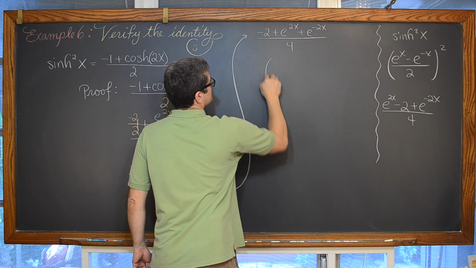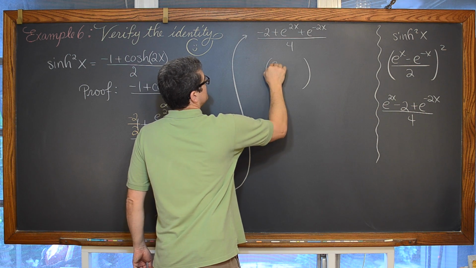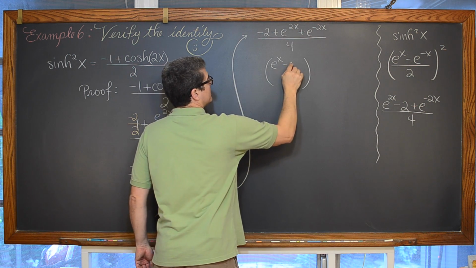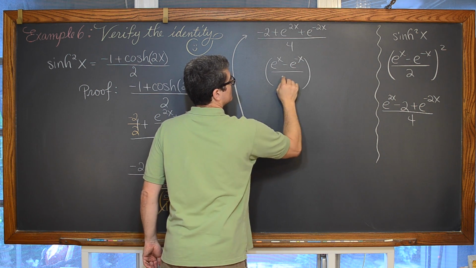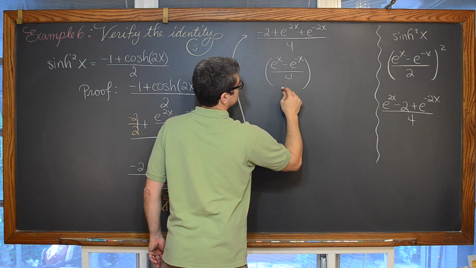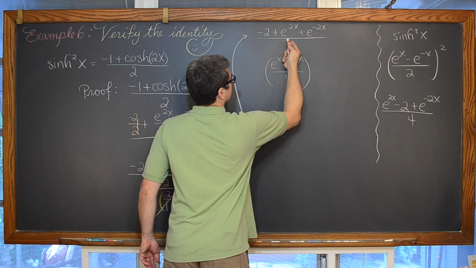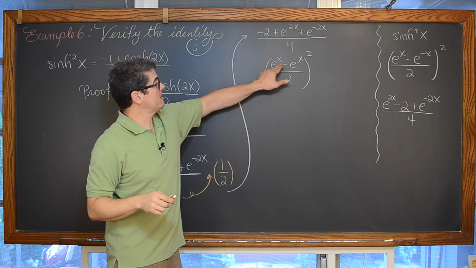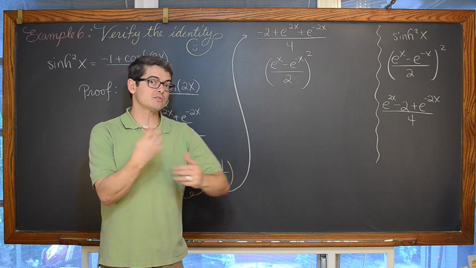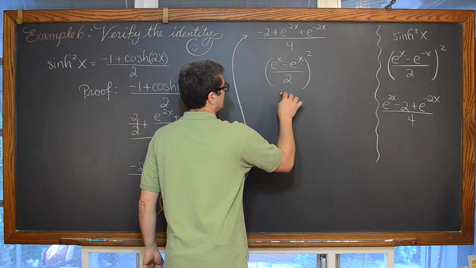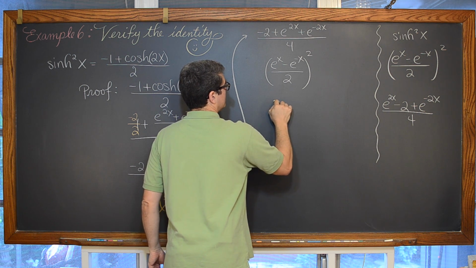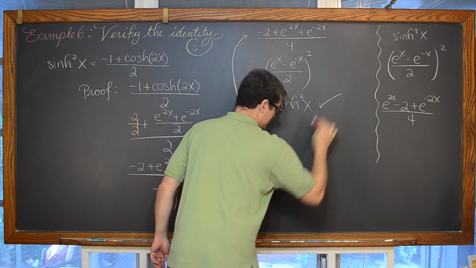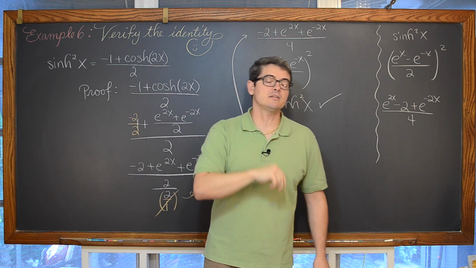And so this becomes e to the x minus e to the negative x over 2, all squared, because we can see the scratch work there, with 2 squared being 4 in the denominator, and e to the x minus e to the negative x over 2 is your hyperbolic sine of x. So we have hyperbolic sine of x squared.